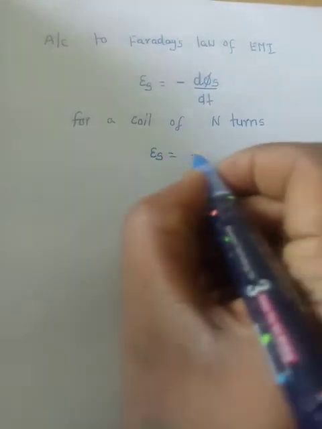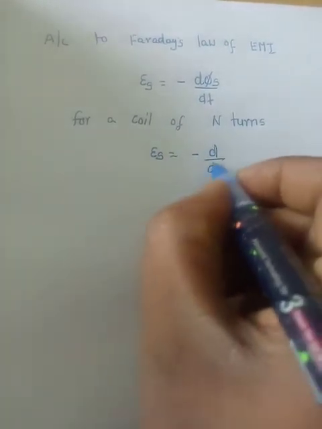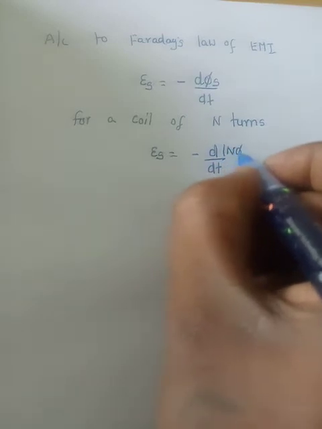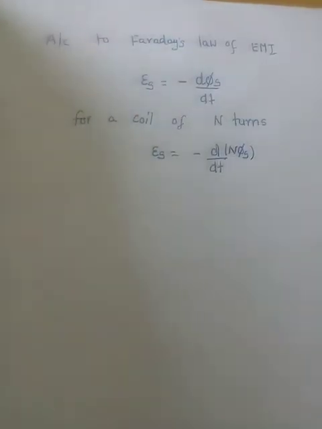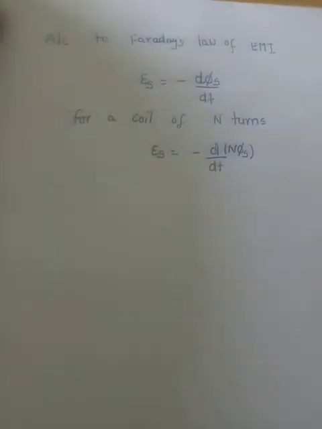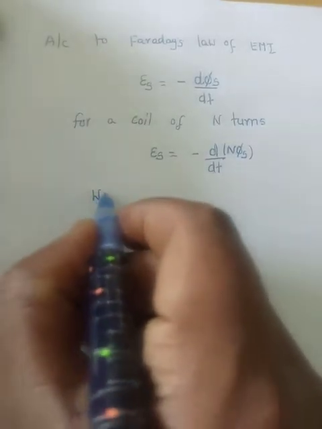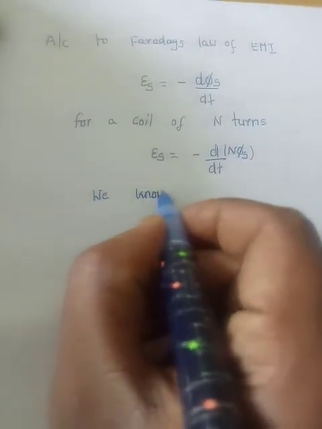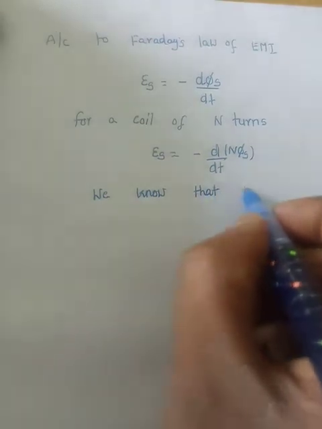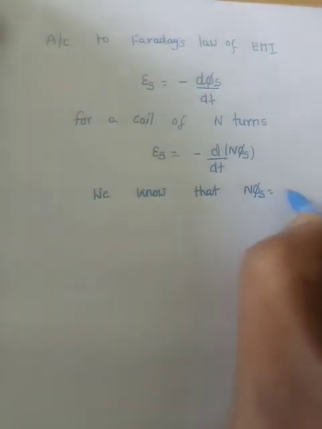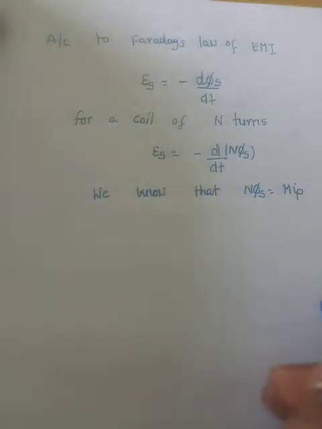ES is equal to minus d by dt of N phi s. Just now we have written what N phi s is. We know that N phi s is equal to M into IP.